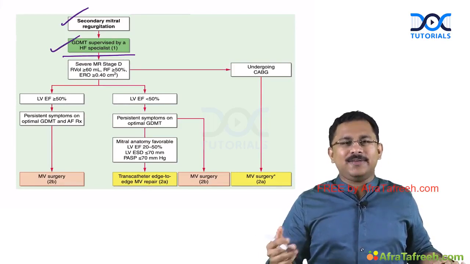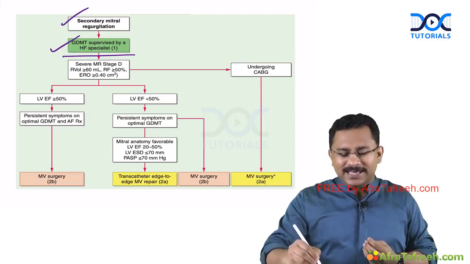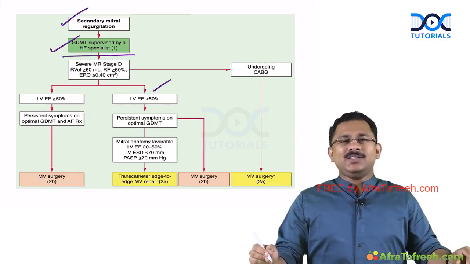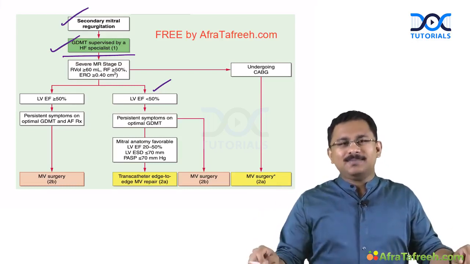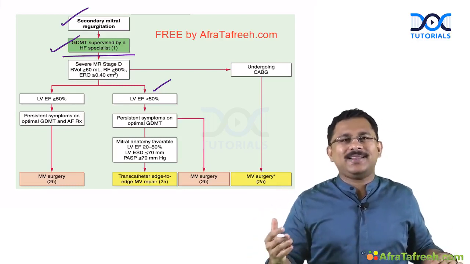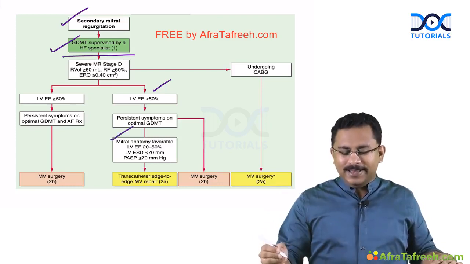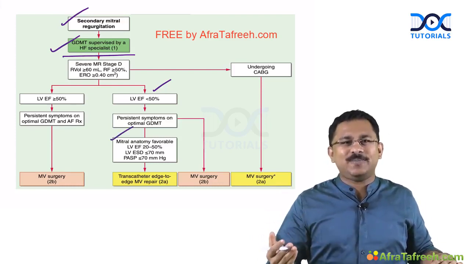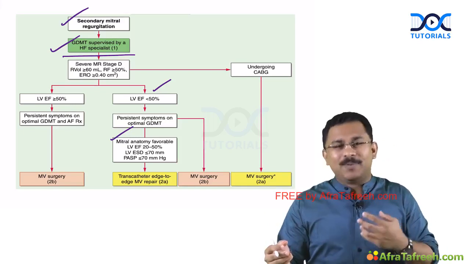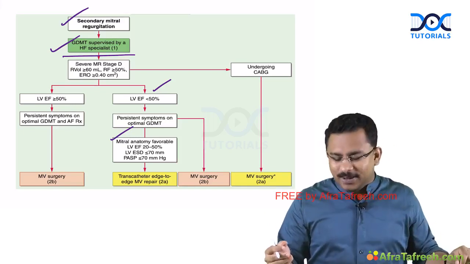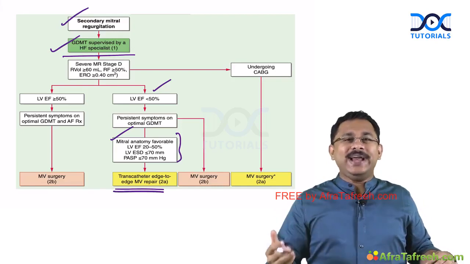If you have a patient with chronic severe secondary MR and left ventricular ejection fraction less than 50%, with persistent symptoms of NYHA class 2, 3 or 4 in spite of optimal guideline directed medical therapy, and the mitral valve anatomy is favorable, that is an LV ejection fraction of 20 to 50%, left ventricular end systolic dimension less than or equal to 70 millimeter, and pulmonary artery systolic pressure less than or equal to 70 millimeter mercury, then you can go for transcatheter edge to edge mitral valve repair.